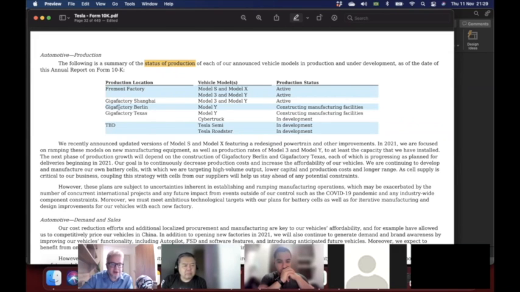They have a Gigafactory in Berlin for the European consumers, producing Model Y, but they are still constructing the plant. They're constructing one plant in Texas, and they are going to introduce this vehicle called Cybertruck. And other two new vehicles will be Tesla Semi and Tesla Roadster, okay?